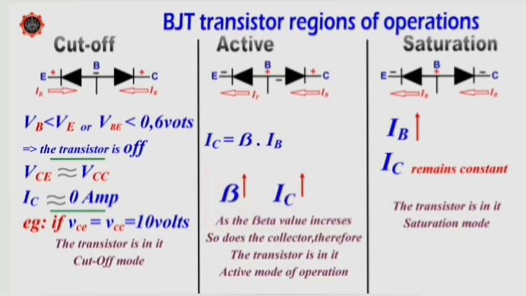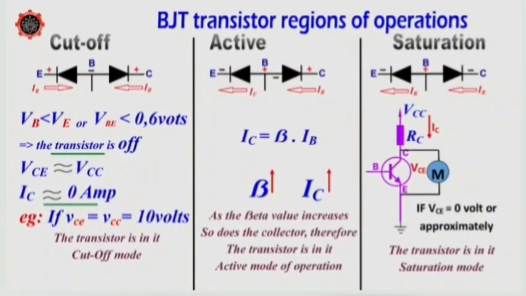And in the saturation region, if you increase the base current IB, IC will not change. It will be at its maximum value. So that is how you know if you are in the saturation region.